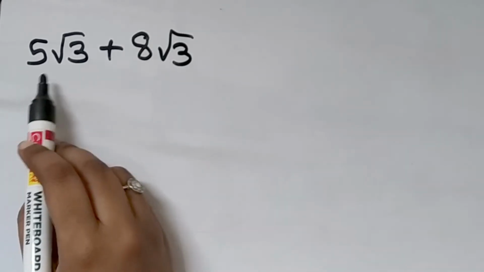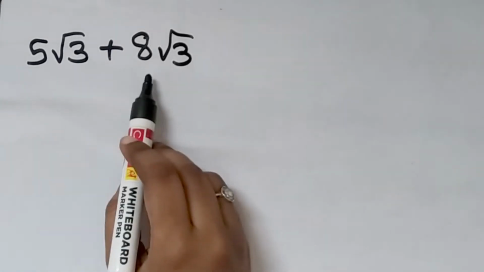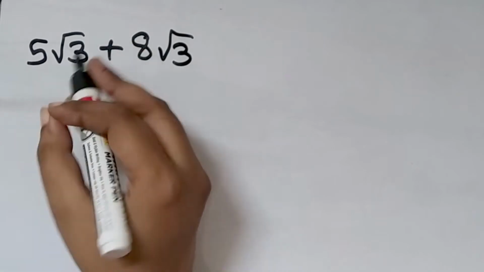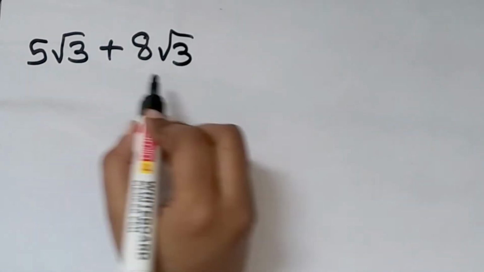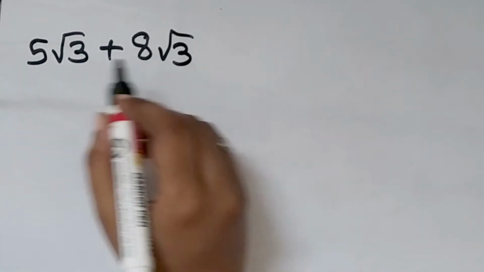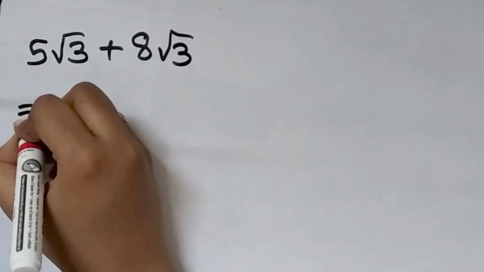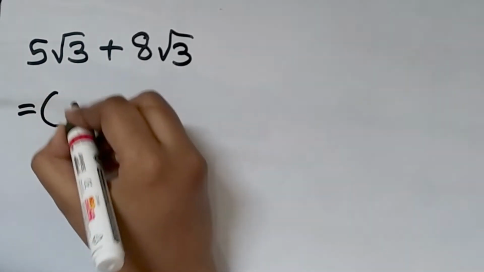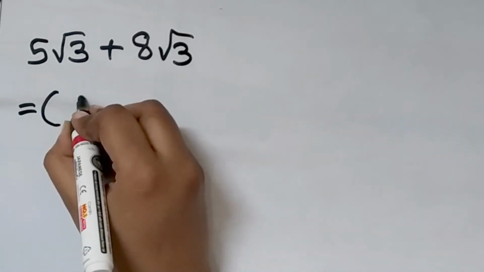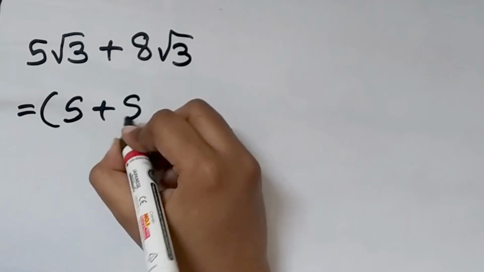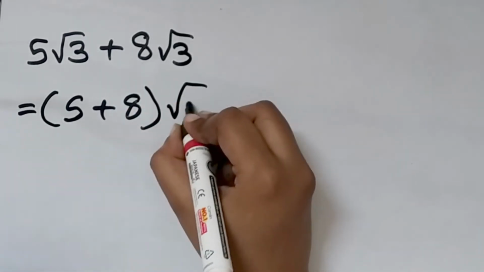So here see 5 into root 3 plus 8 into root 3. Now both of these are like surds, so we can add. Here root 3 is common, so we can take it outside the bracket, and the rest we will write inside the bracket. So we put a bracket and write (5 plus 8) into root 3.